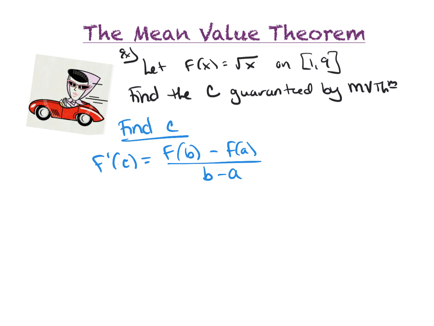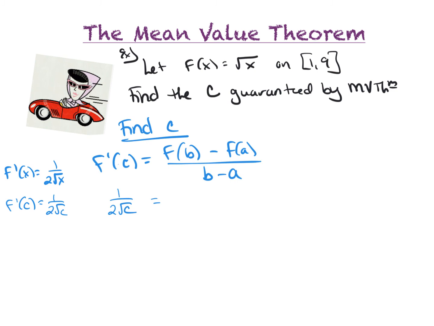So let me write this over here. We knew that f prime of x is 1 over 2 times the square root of x. So f prime of c is 1 over 2 times the square root of c.